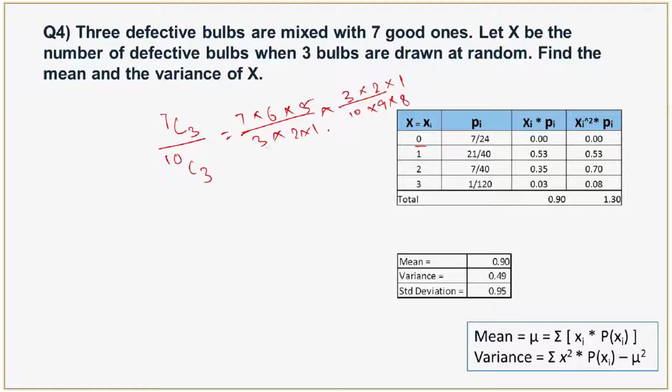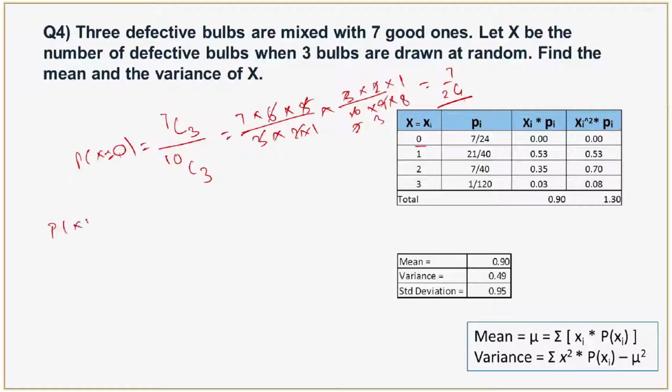So you solve this, these cancel out, and you get 7 by 24. So that's what P of x equal to 0 means, that you are drawing no defective bulb.